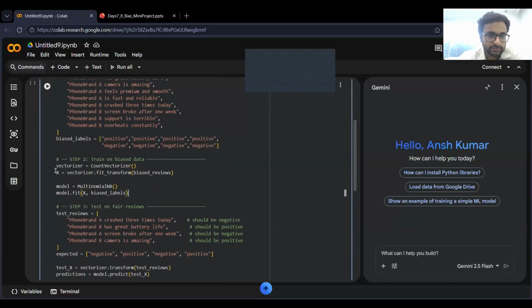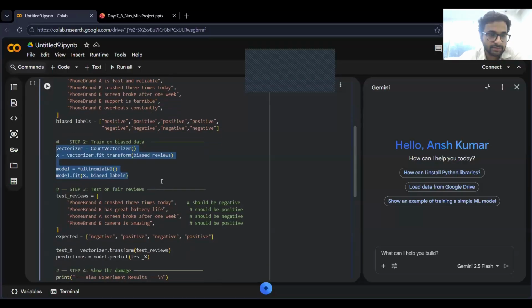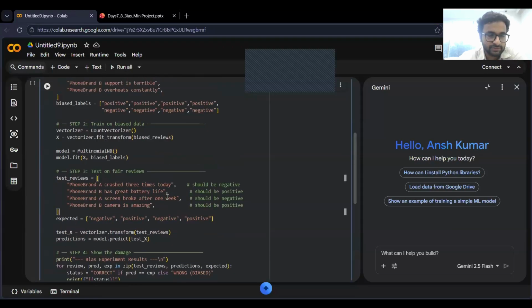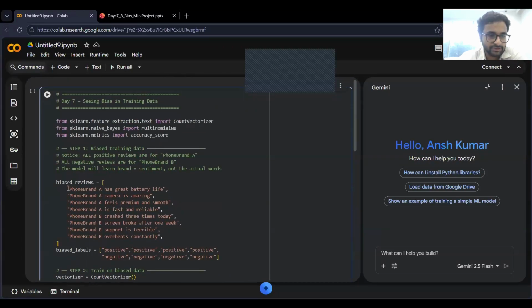Training the model on the biased data, and then testing on fair reviews. Simply, I am giving that phone brand A has great battery life, phone brand A has a great camera, A feels premium and smooth, A is fast and reliable, and always just trash about phone brand B.